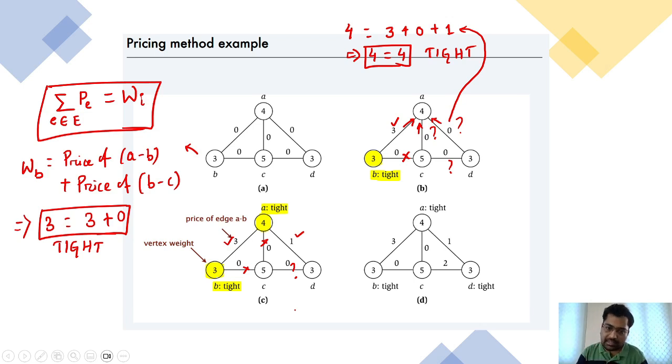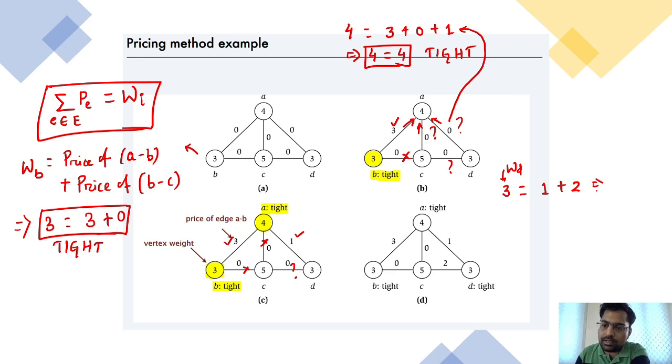If you are going to select this edge, already one is there. For this condition I'm just writing 3 is equivalent to the weight of D. Weight of D is 3, equivalent to cost, which is 1 plus 0. So to make it 3 we have to take this as 2.